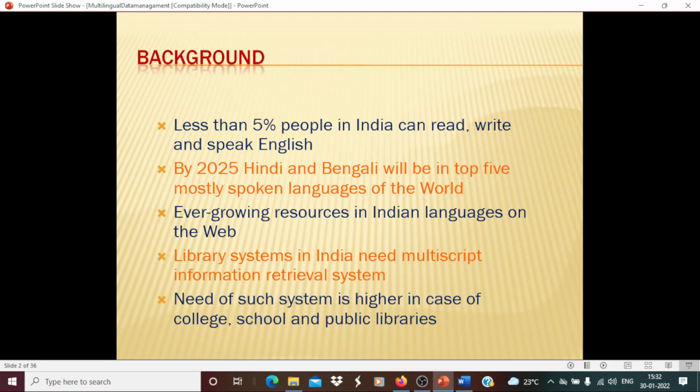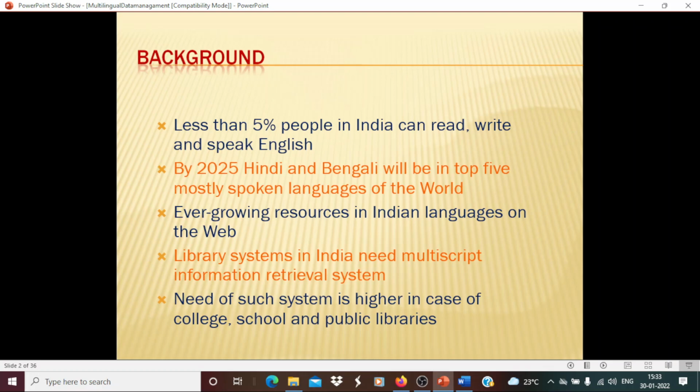And Unicode compliance is not the only thing. You need many other adjustments. Many other adjustments will be covered in the next tutorial, on how the default Zebra search engine of Koha can be tuned towards Indian languages. So many adjustments are needed, but before that we need an idea of what multilingual compatibility is.